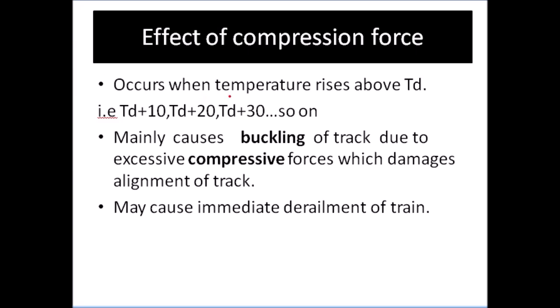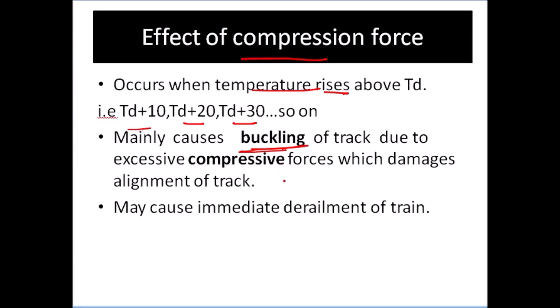Just now I told you that when temperature rises above TD, like TD plus 10, TD plus 20, TD plus 30, and so on, you will get compressive stresses. What will this compressive stress do? It will cause buckling, because of excessive compressive stress developed in the track.